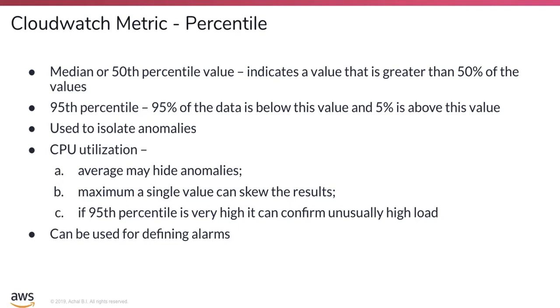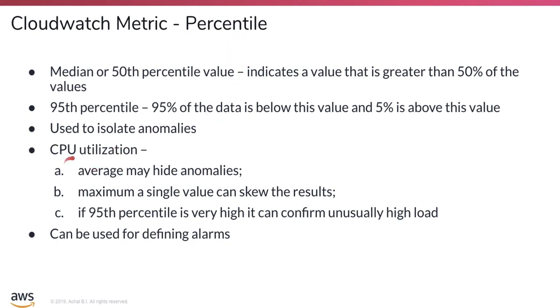Let's say there's a CPU utilization, and the CPU utilization is always below 95%, then that is in an okay state. If there is 5% of data which is above 95% CPU utilization, then this would cause an alarm to be triggered. This is captured through percentile metrics. This actually helps.